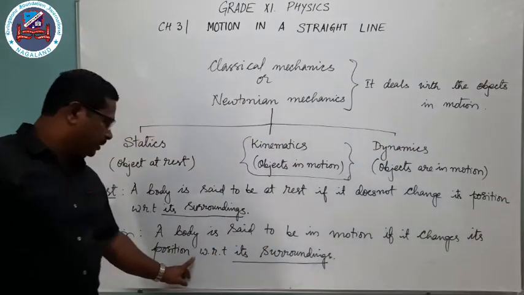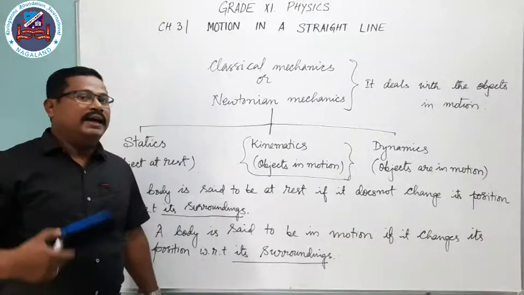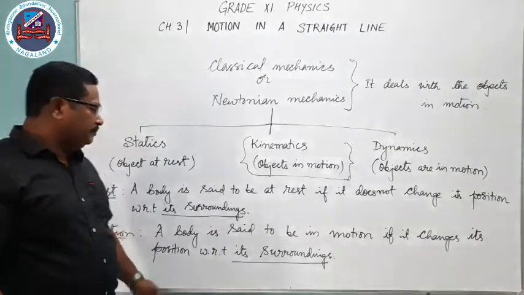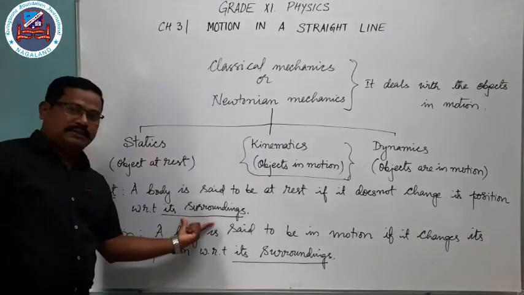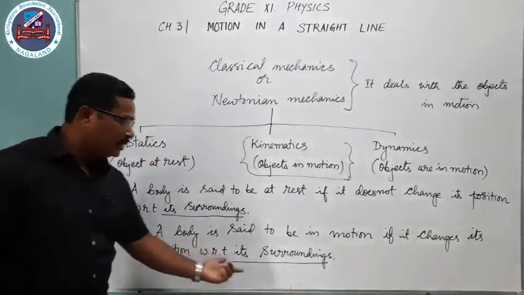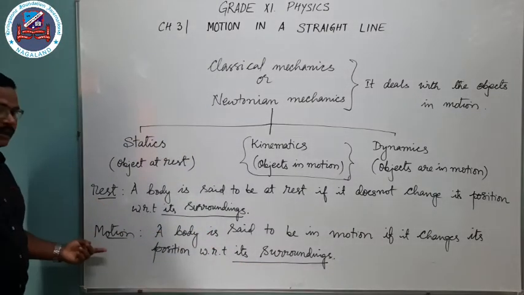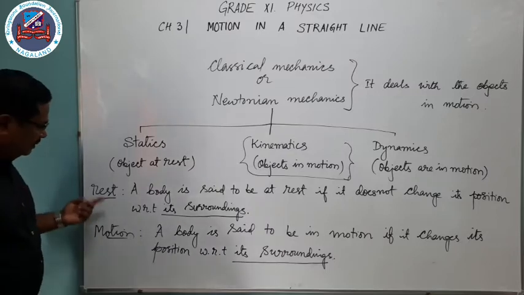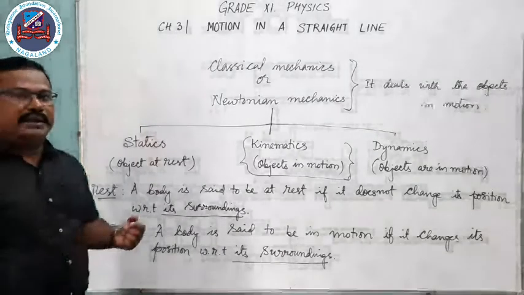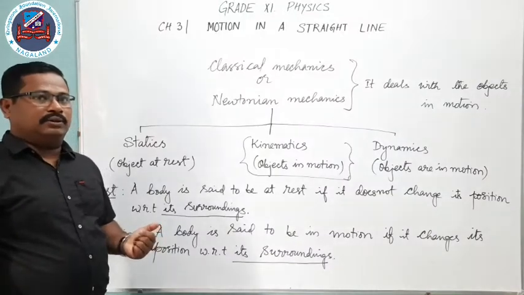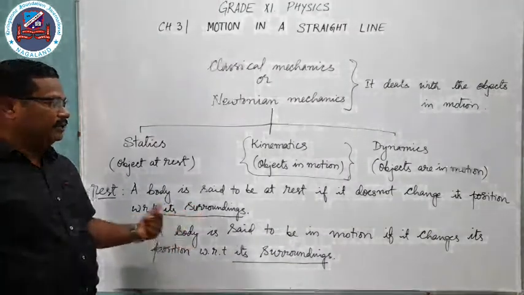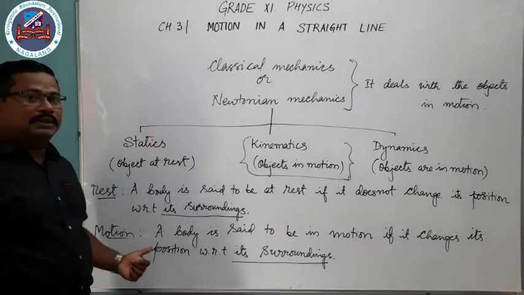They are called relative terms because they need something here, its surroundings. With respect to the surroundings only, we can define them individually, rest and motion. That's why rest and motion are called relative terms. They require surroundings, then only we can define them.